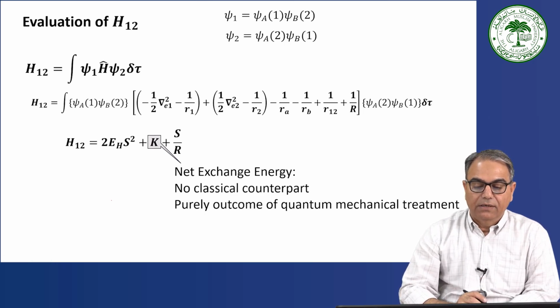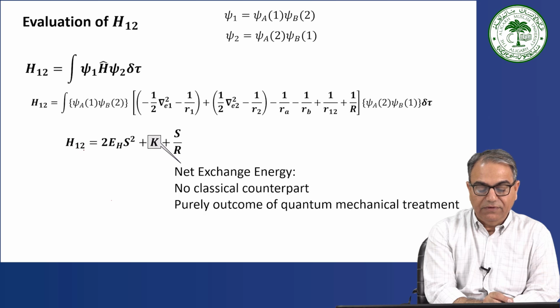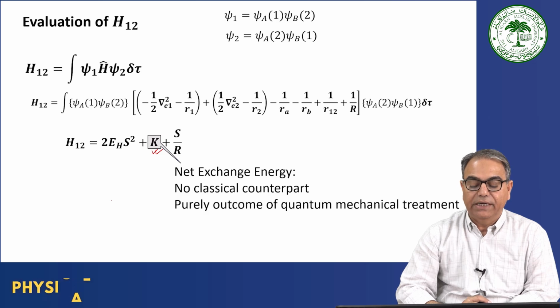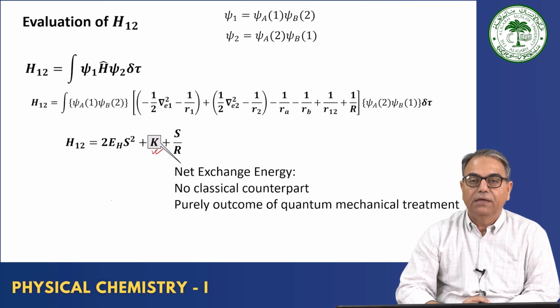Now, if you have H12, the value comes out in terms of K, and K is called the net exchange energy. We do not have any classical counterpart for this, and it is purely an outcome of quantum mechanics.